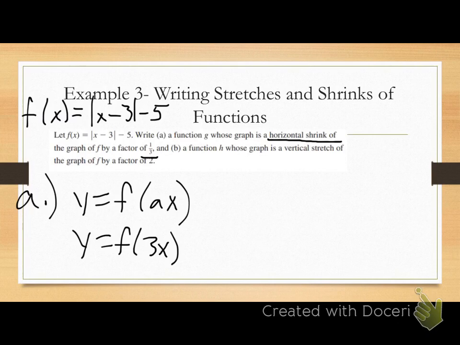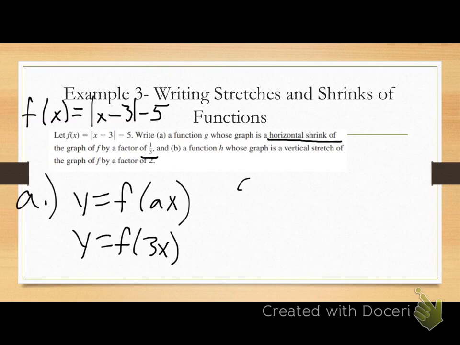So, what am I replacing x with in my function? 3x. If I'm finding f of 3x, what am I replacing x with? 3x. I have to use the whole thing that's in the parentheses here, just like I used x plus 2 earlier. And what is our function going to be called?